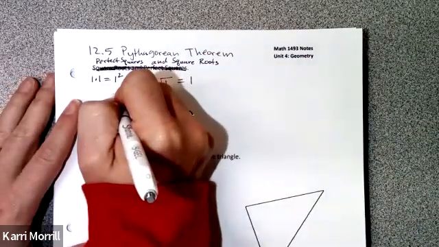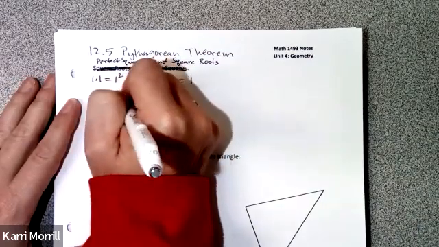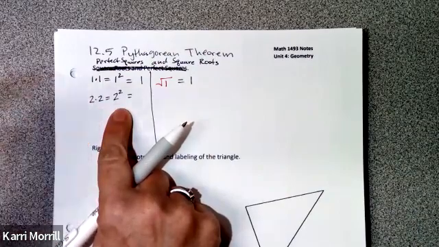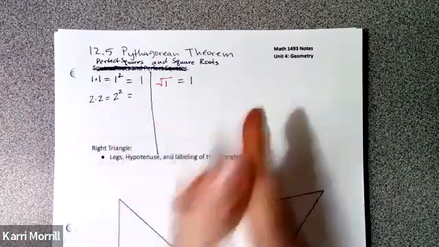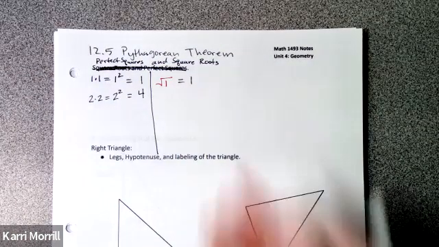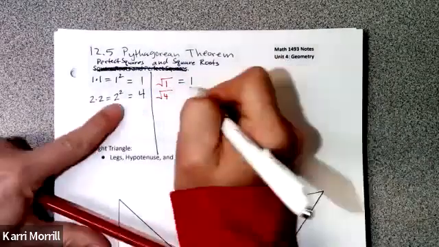So if I take 2 times 2, that's like taking 2 or writing it as 2 squared. You can write it either way, a number times itself. And that's the number 4. When we take that 4 and square root it, we get back to the number 2.